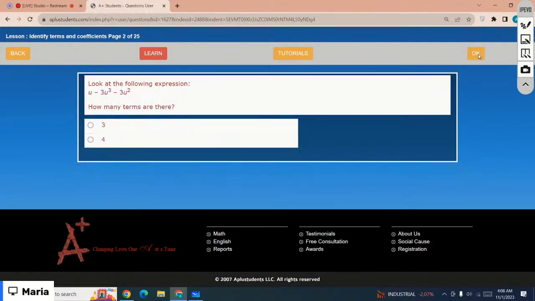Look at the following expression. How many terms are there? Which is the correct option? Basically, terms are the ones that are combined by mathematical operations.